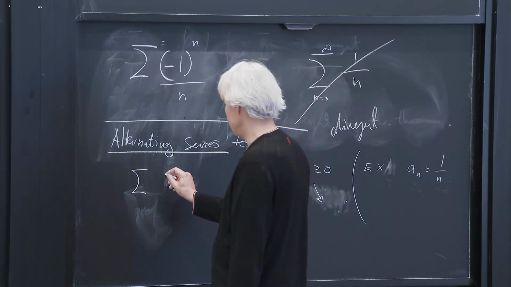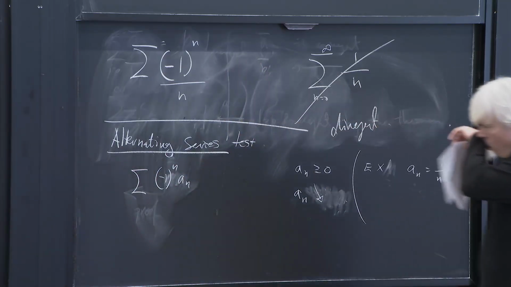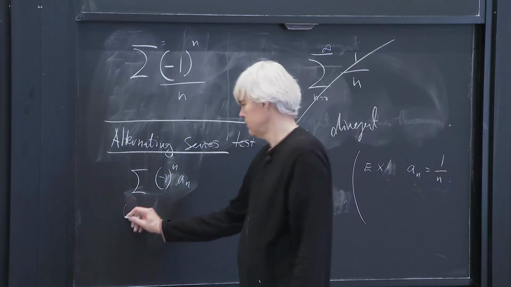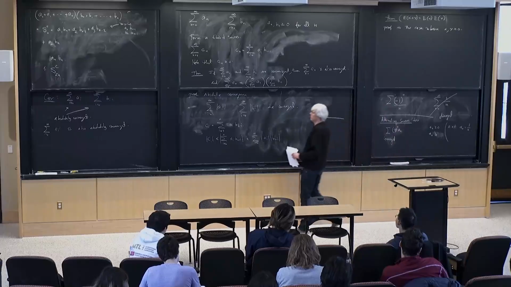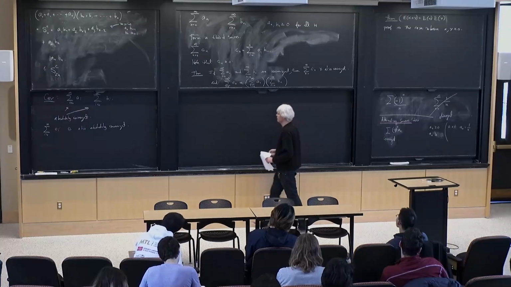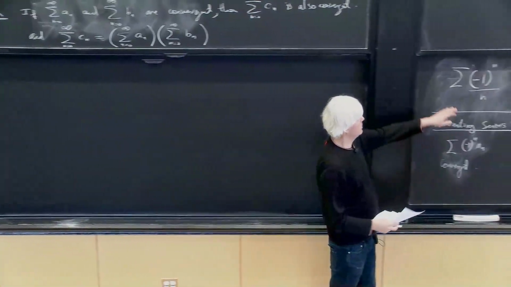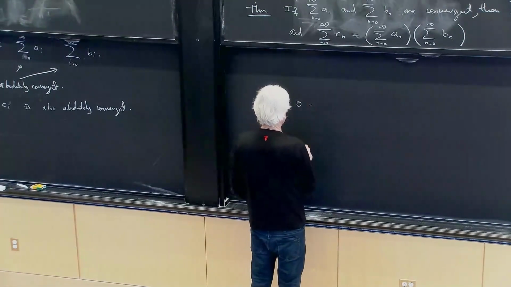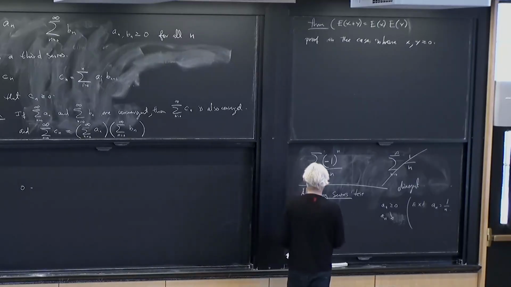But if you have that, and you're looking at the alternating series based on it, this one here is convergent. And why is it convergent? This is exactly what I did when I tried to explain why this is convergent. You start somewhere, let's say at 0, and look at the first element, summing from 1 to infinity.